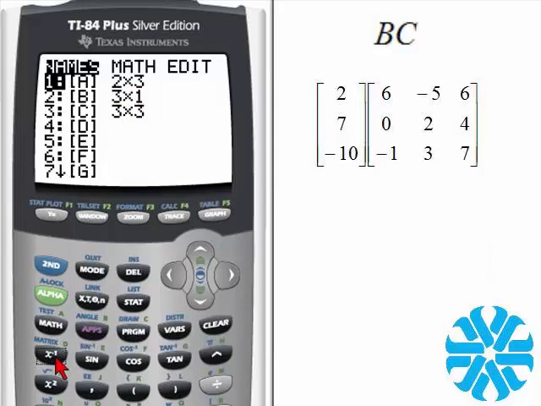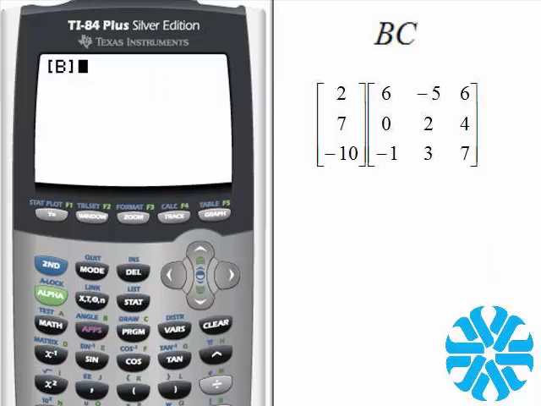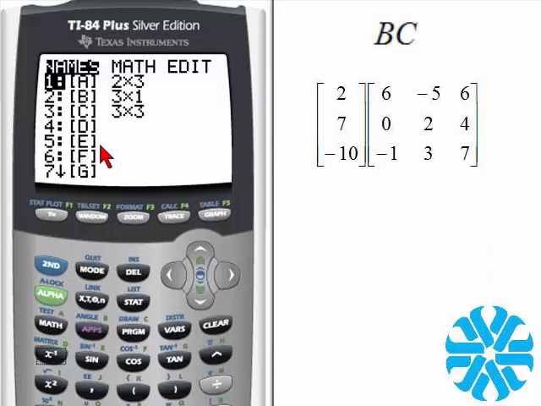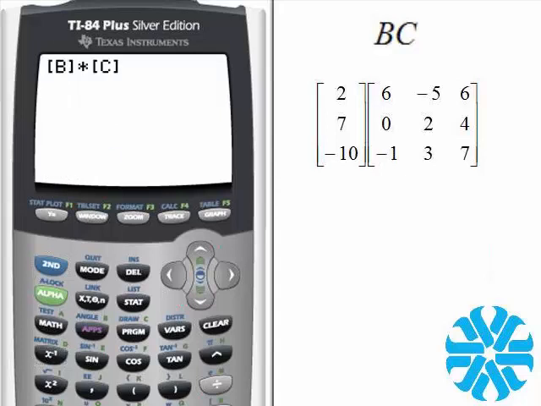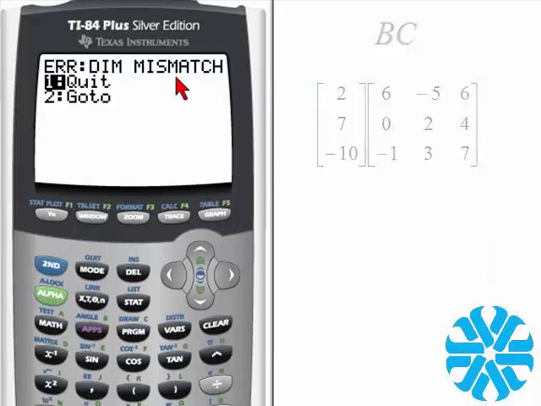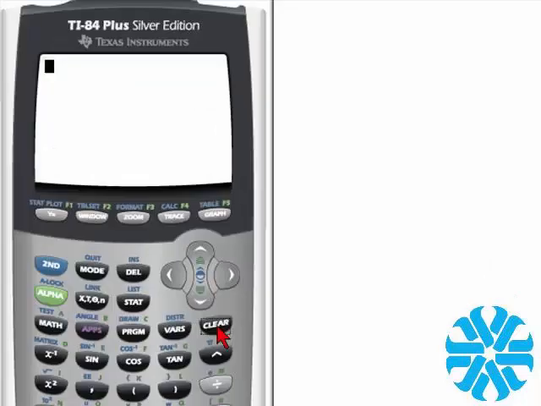So we want matrix B, number 2, times matrix C. Second function matrix, that's option 3. And select enter. And indeed we get an error, and it says dimension mismatch. This concludes the video on matrix multiplication.